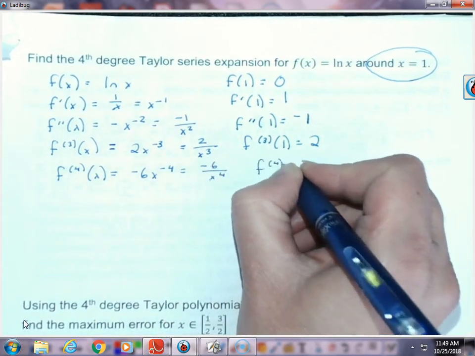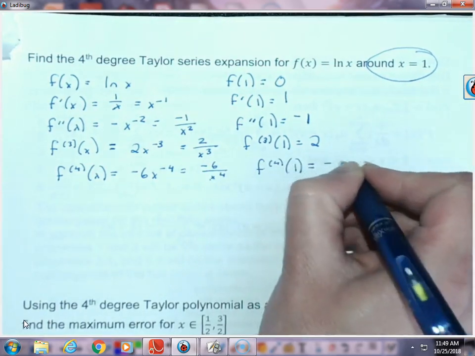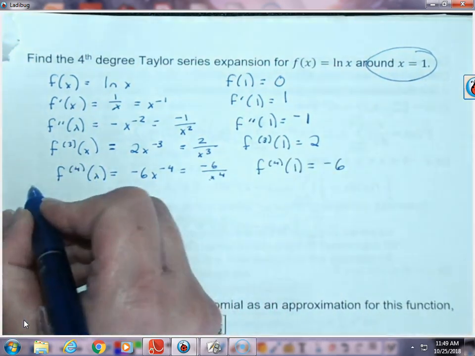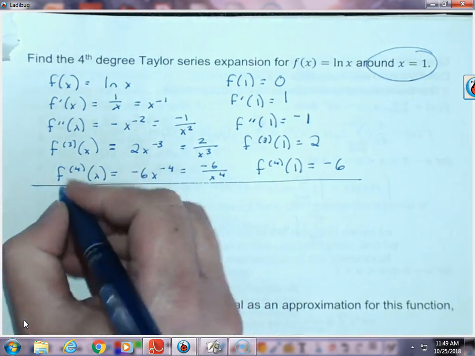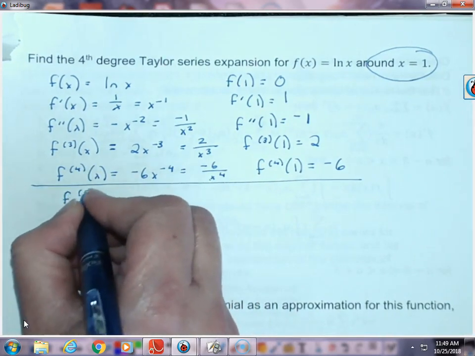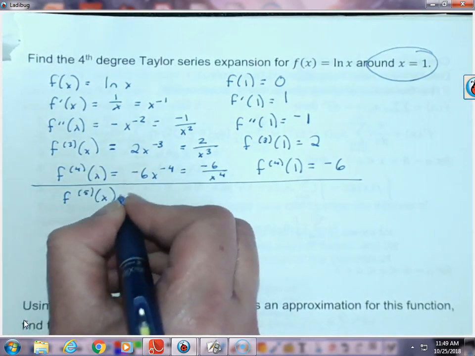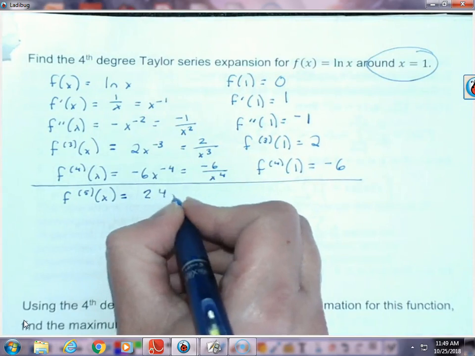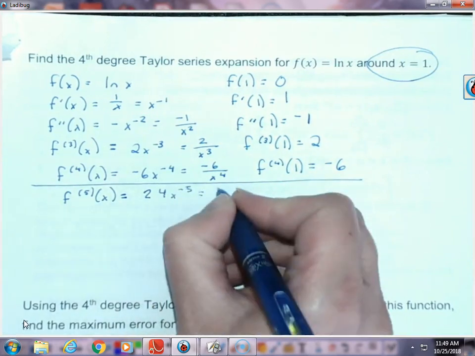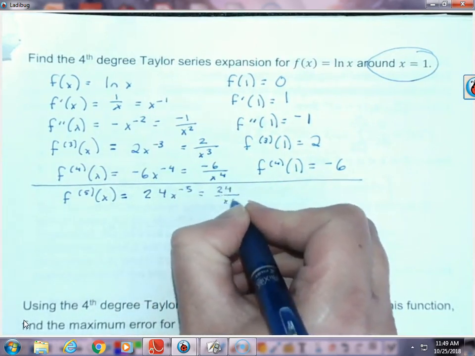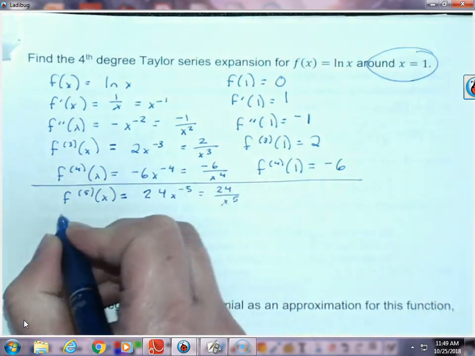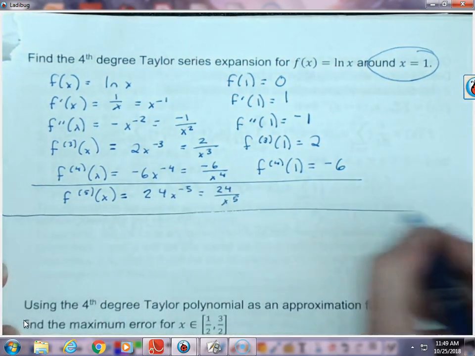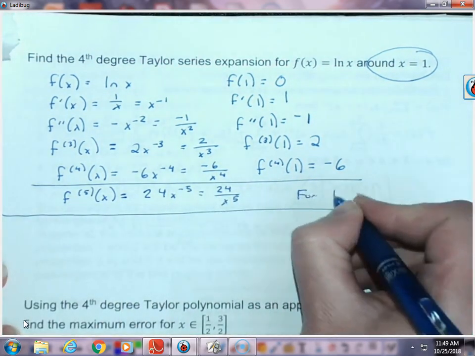So the 4th derivative at 1. Okay, so that's as far as I need for the polynomial, but I'm going to take one more derivative because I see that they're going to want the error term in a minute. So what is that? I'll just go ahead and write that. Okay, so that's just for later for the error term.